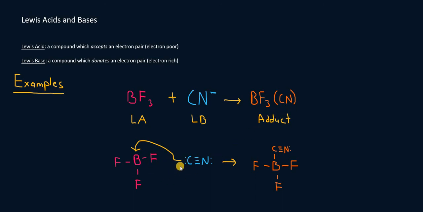And based on the Lewis structures, you can see that this lone pair on the carbon is going to be pulled in by the boron, right? And from that, a new connection is going to be made between the boron and the carbon, and this is going to give you your acid-base adduct for this reaction. And this would be our new product that we form, the adduct.